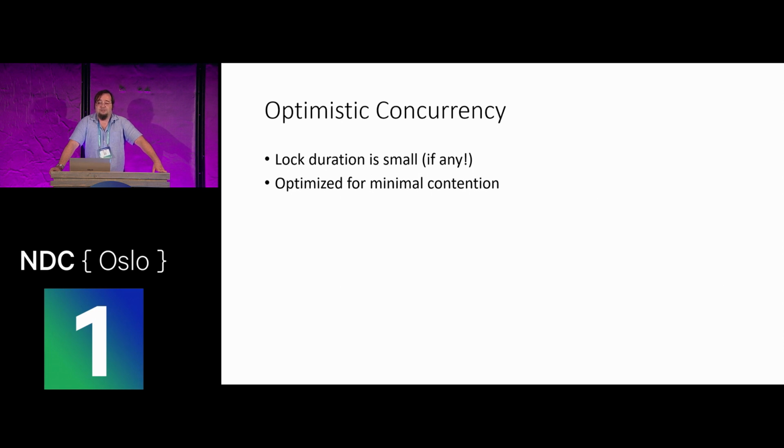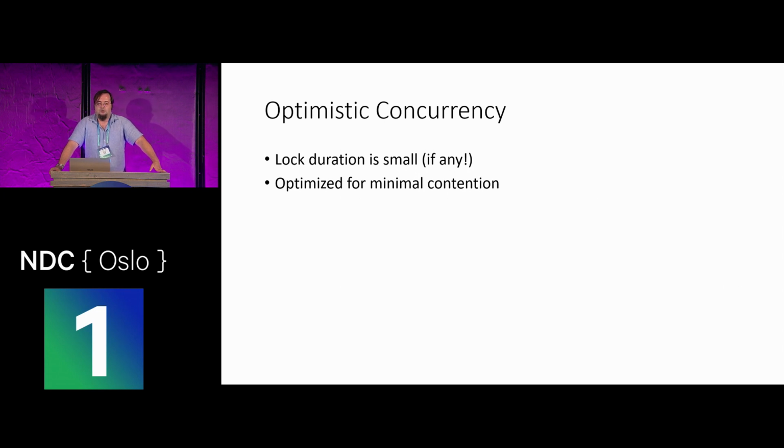Optimistic concurrency is very simple. You assume that you won't have too much contention on your data, so you have a very small lock duration only, and if you even have locks, or you do it with a timestamp, row version, or whatever buzzword or term your database uses. Essentially, it comes down to: update this record if nobody has updated it since I took it to update.